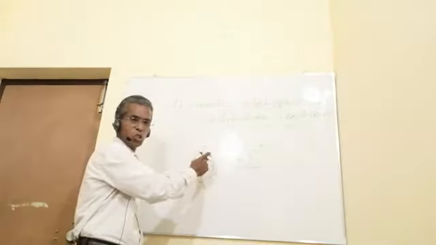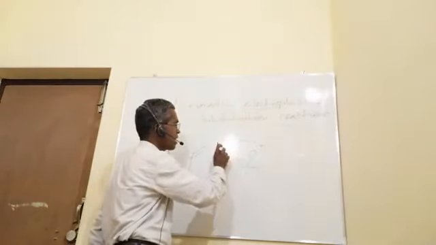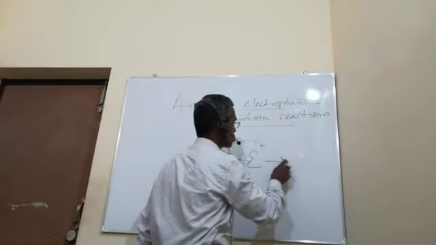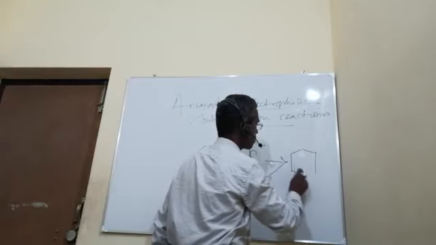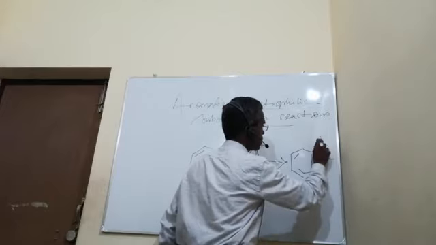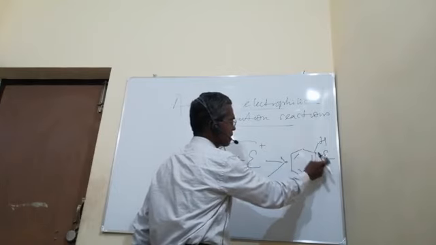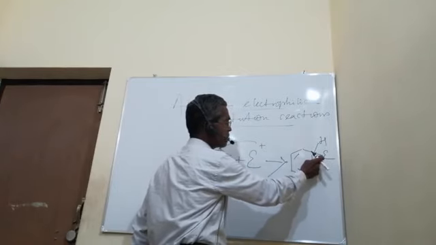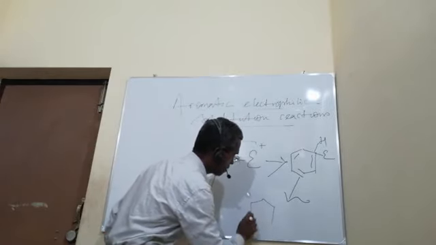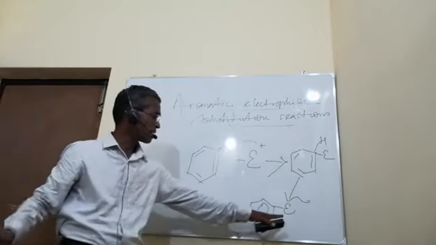Because of the electron-rich benzene, naturally the electrophile which carries the positive charge attacks benzene easily. And in turn, after attacking, it removes one of the protons from benzene and takes that position. Now the electrophile removed the proton and in that place the electrophile substituted, and we get finally the product. The product is like this. Substituted product.